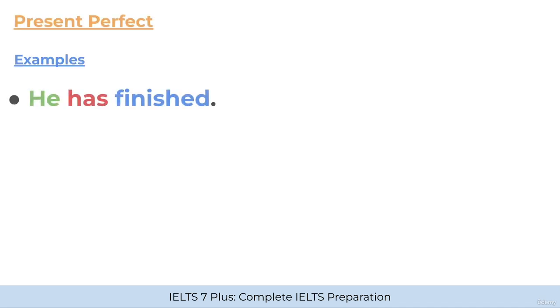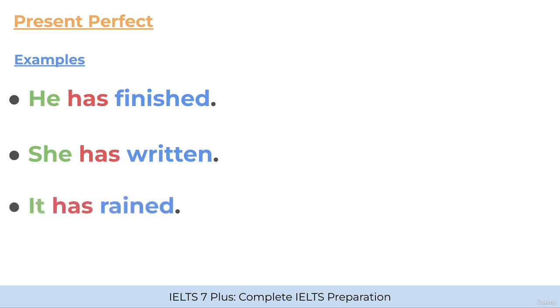For example, he, subject, has, auxiliary, finished, past participle. She has written. It has rained. So you might be thinking, oh, okay, well, it's an interesting tense because it's talking about something in the past, completed in the past, but it's brought into the present.